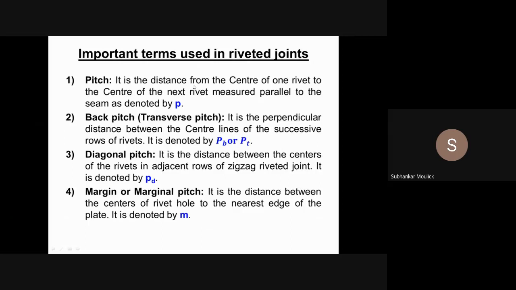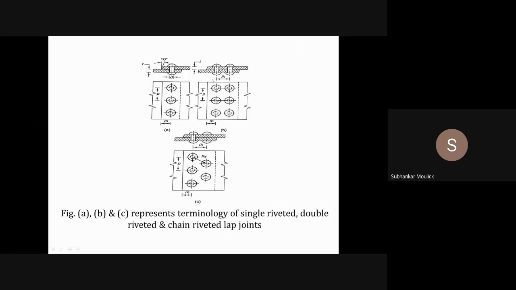Fine. So what is pitch? Pitch is the distance from the center of one rivet to the center of the next rivet measured parallel to the seam, denoted by the symbol P. That is, it is nothing but the distance of the center point of one rivet to the center point of the other rivet. This is the front view of the rivet and this is the top view of a single riveted lap joint.